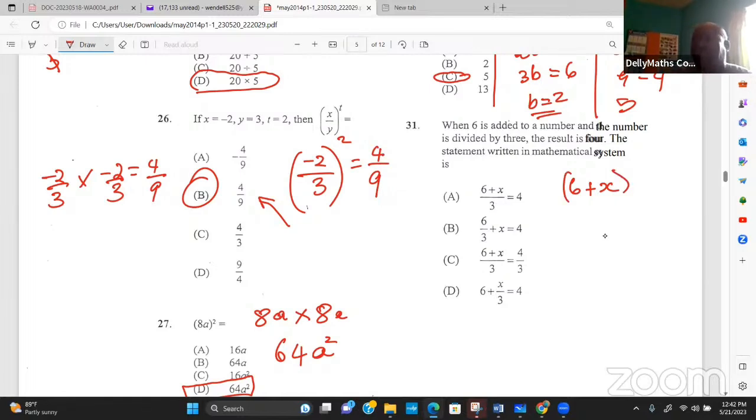And the number is divided by 3. The result is 4, right? Do not choose this, all right? 6 is added to a number already. So that's a new number. That number was divided by 3. So you're looking for this. Be careful.